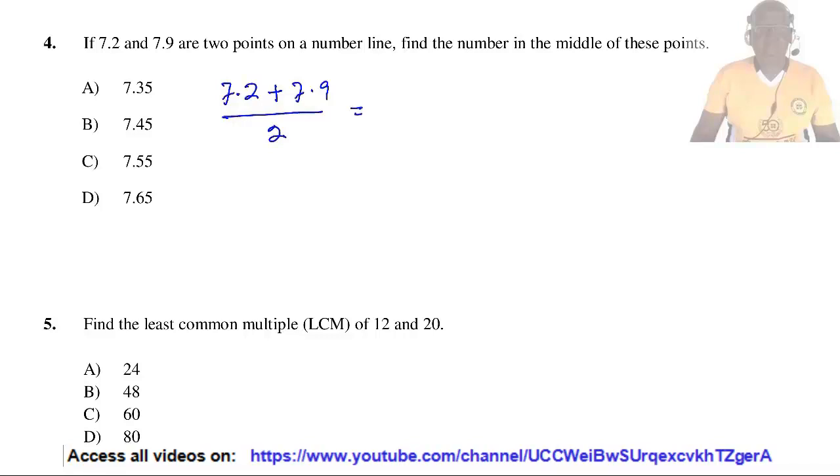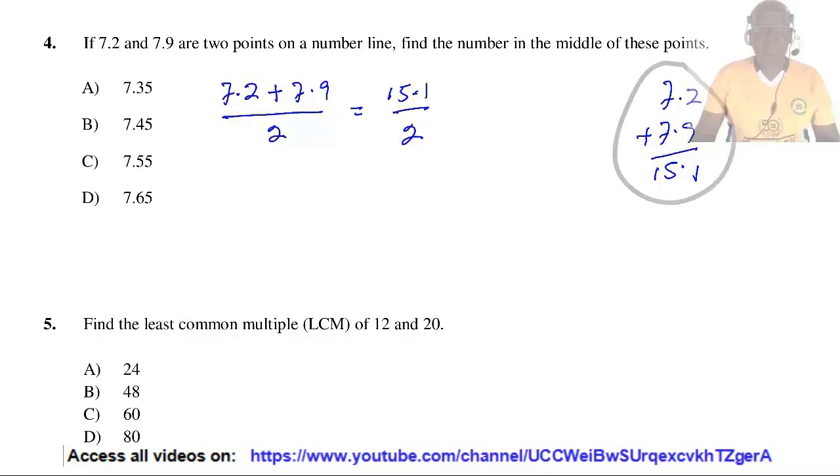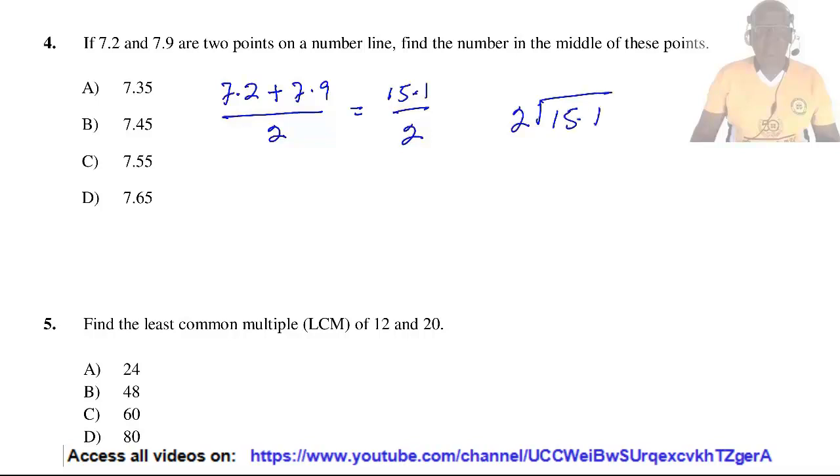That equals 7.2 plus 7.9, which is 15.1, divided by 2. 2 into 15.1: 7 times 2 is 14, the difference is 1. Then 1.5 divided by 2 gives 0.75. So the answer is 7.55, that is C.